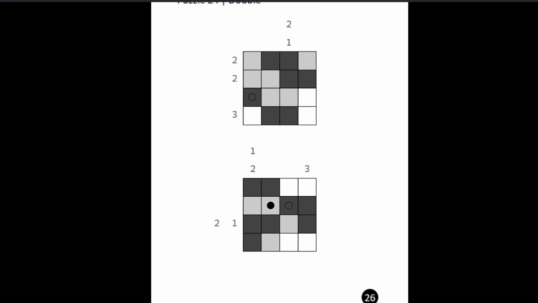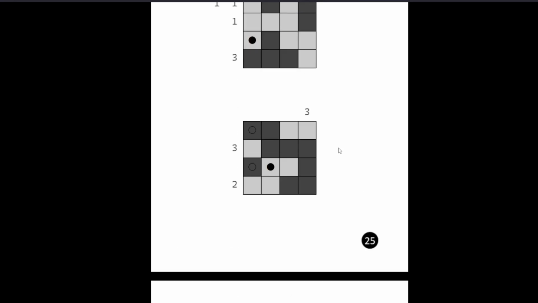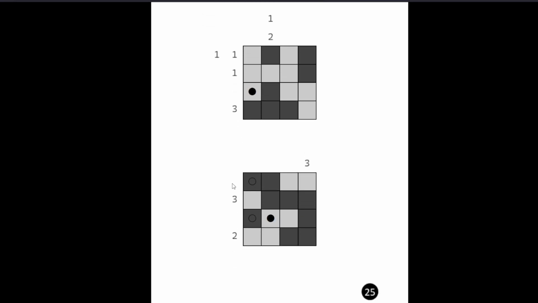I just noticed something. This little tetromino here would be a perfect way for the path to avoid this dot. Do paths have to avoid dots? Well, this one has to start at a dot.